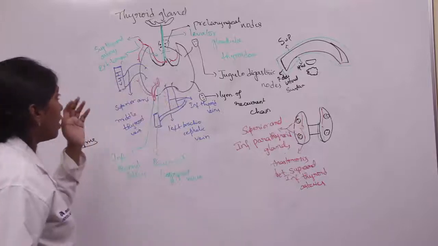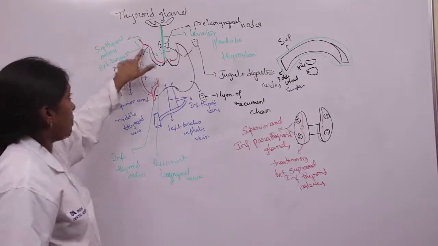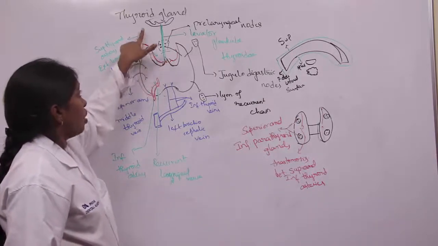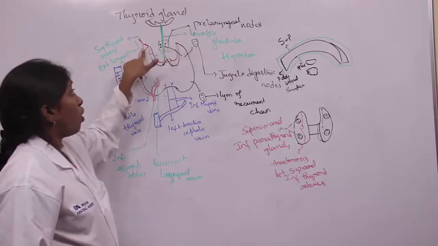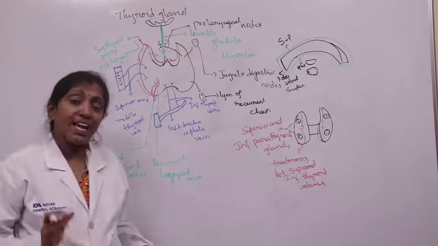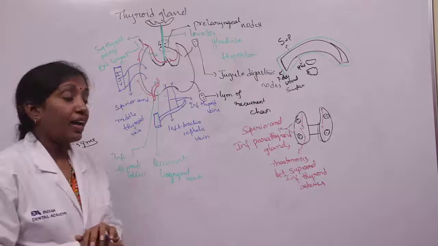Coming to the relations, the apex is related to the oblique line of thyroid cartilage. So the apex extends up to the oblique line of thyroid cartilage.